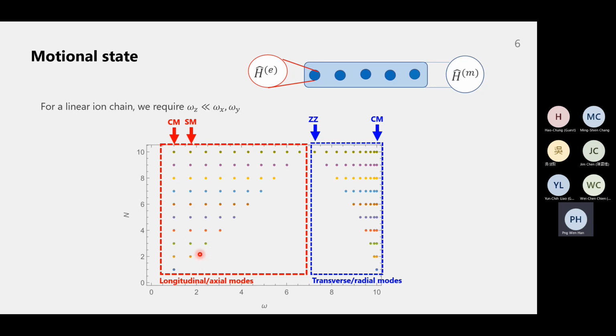For a finite system, the level difference doesn't seem to change much, or is it just because of the scale? Yeah, it's because of the scale. If you do it numerically, you will see there are slight differences in these frequencies, but it's not quite visible on this scale with 10 ions.